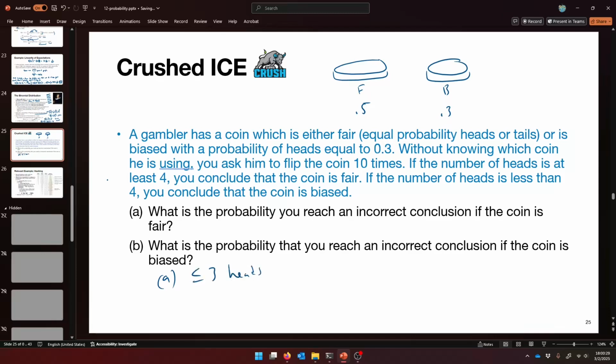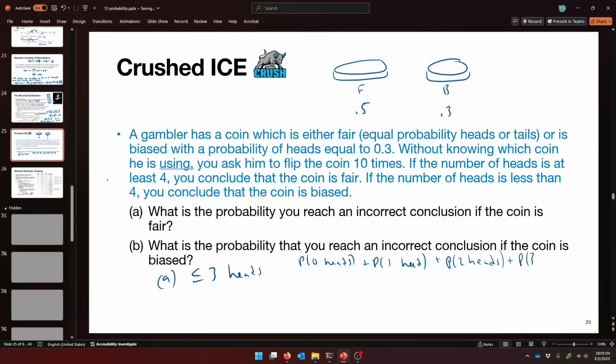What we want to find is the probability that we saw 0 heads with the fair coin, plus the probability that we saw 1 head with the fair coin, plus the probability that we saw 2 heads, plus 3 heads, because those are all the ways that you saw less than or equal to 3 heads with the fair coin. What's the probability of that happening when you flip it 10 times?